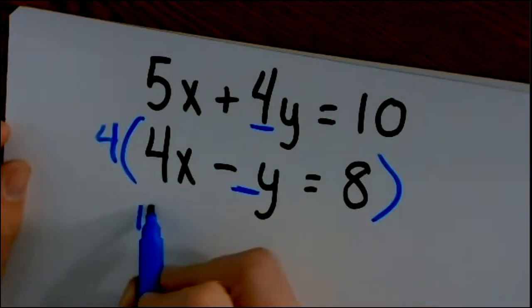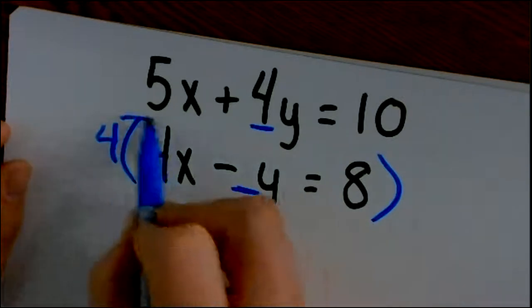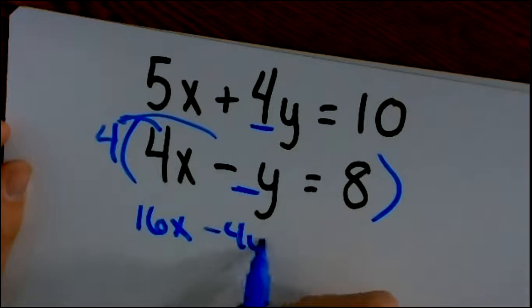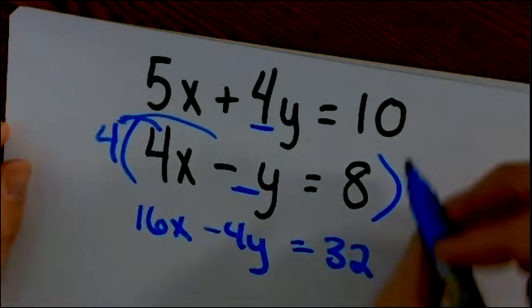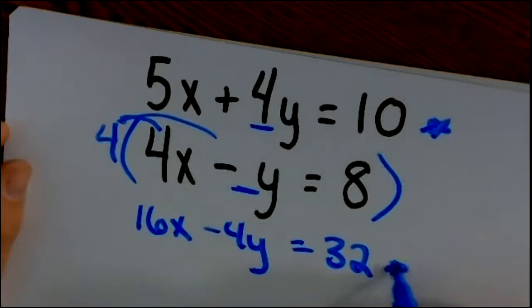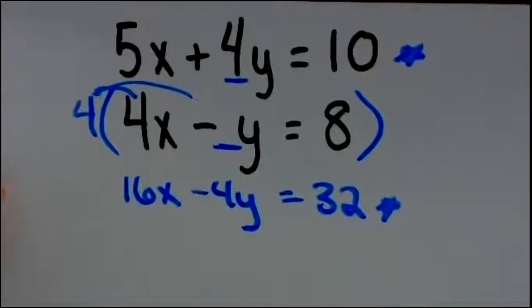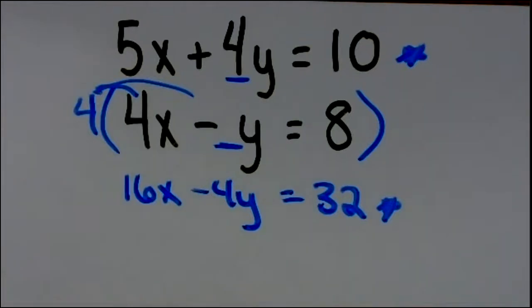So I need to multiply this second equation by 4. If I do that, I get 16x minus 4y if I distribute, and then 4 times 8, 32. So now I'm working with the original first equation and the altered second equation, right, when I multiplied everything by 4.